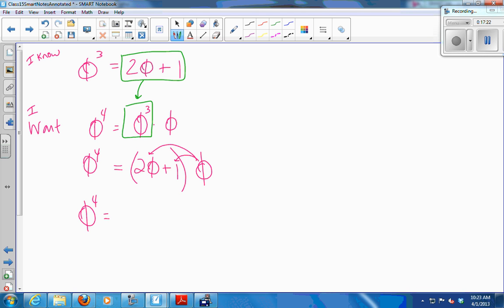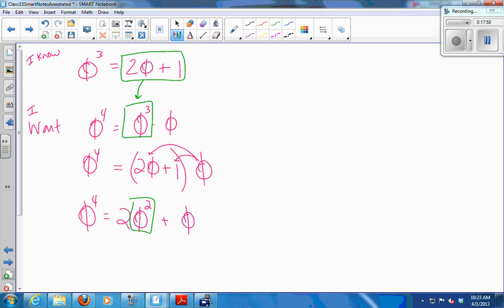Yeah. 2 phi times phi means 2 times phi times phi, which is 2 phi squared. And then phi times 1 is phi. But what does phi squared equal? Phi plus 1.